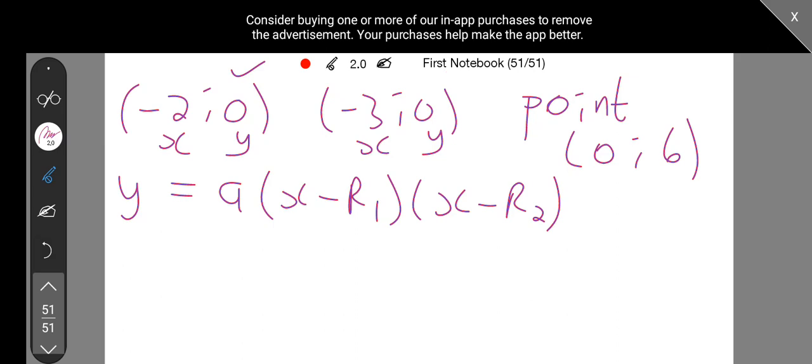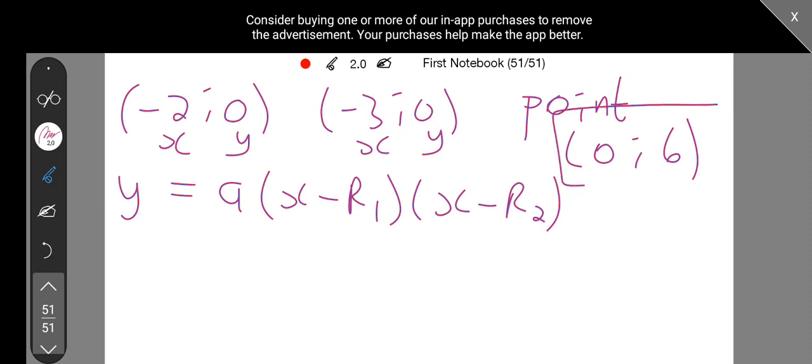We said that for a y-intercept, you let x be equal to 0. For an x-intercept, you let y be equal to 0. So if x is -2, y is 0. This means it's an x-intercept. If x is -3, y is 0. It means it's an x-intercept again.